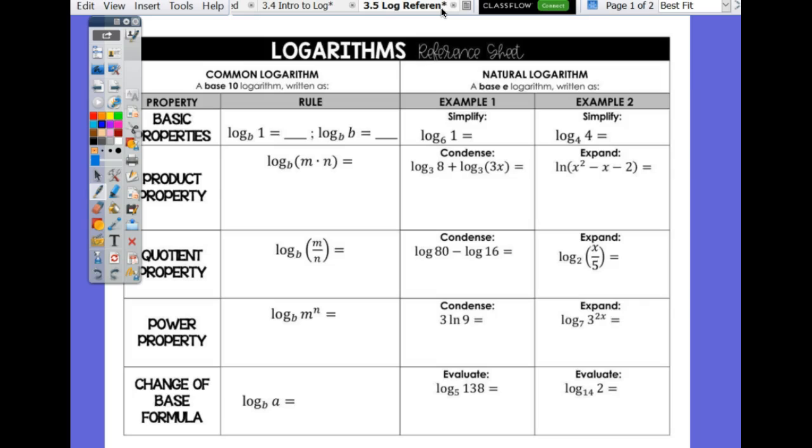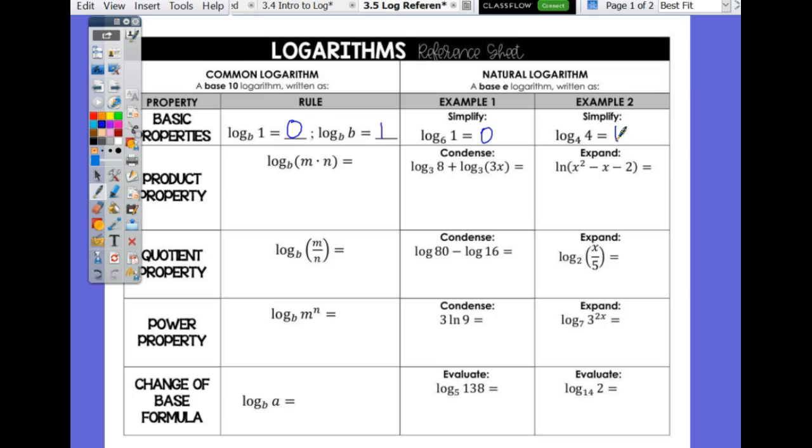Okay, so we're going to go over some basic properties. So b to what power would give me 0? 0. b to the first would give me b. So 6 to what power would equal 1? 4 to what power would equal 4? 1. All right, so logs follow the exponent rules.